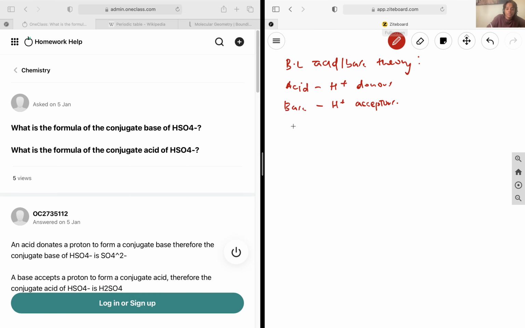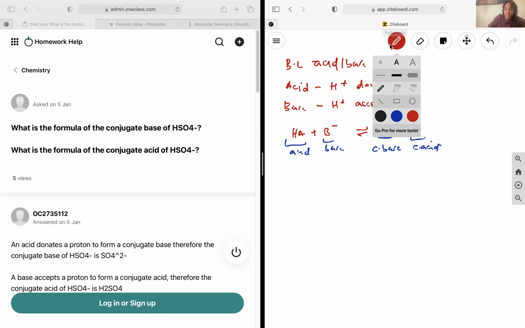And so if we write out an equation for that, that means HA plus B minus is going to give us A minus plus HB. All of this is in aqueous solution. And if you go ahead and label these, this would be our acid and its conjugate base. This would be our base and its conjugate acid.